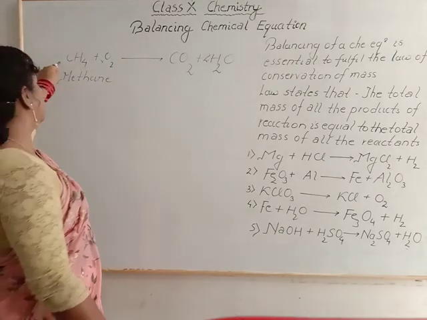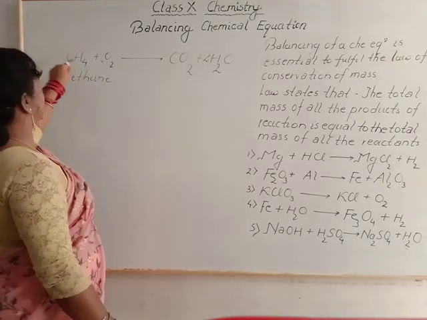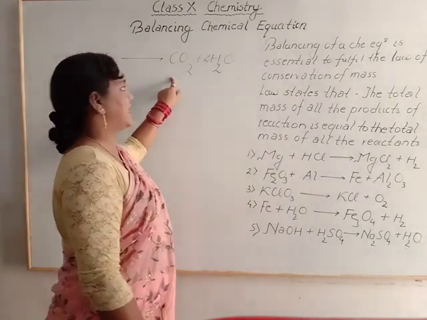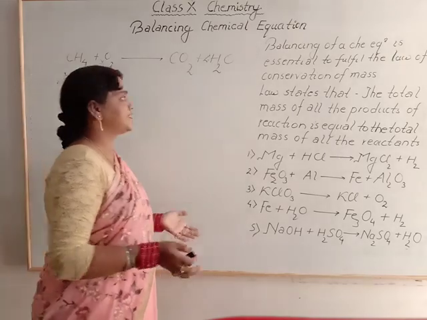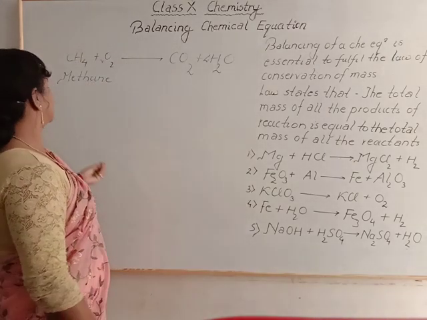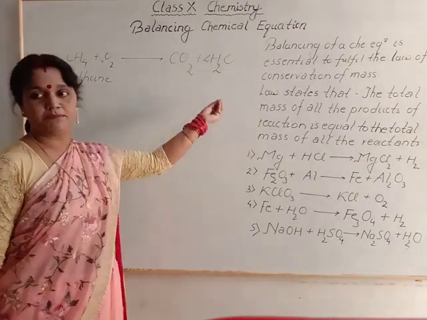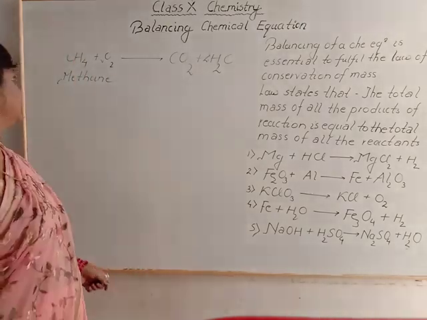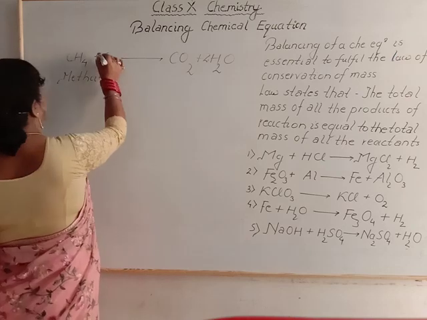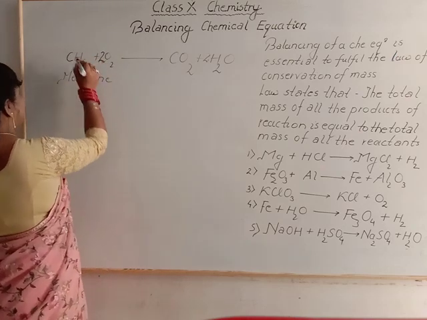When we burn methane, it will give carbon dioxide and water, and lots of heat and light are also produced. So first we have to balance carbon, then hydrogen, and after that oxygen.